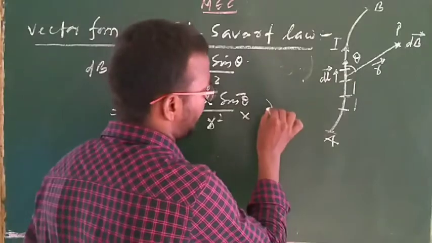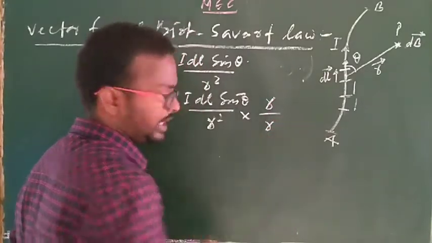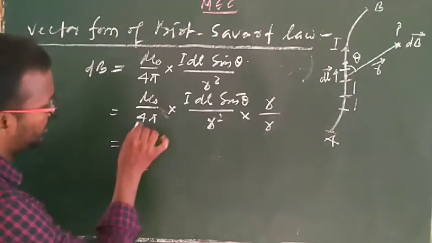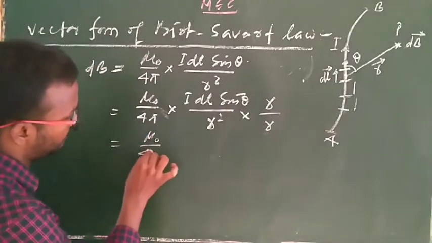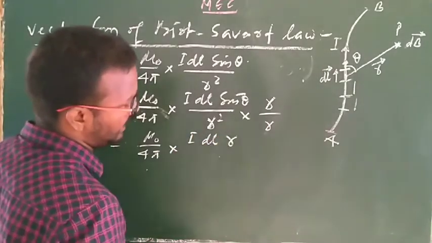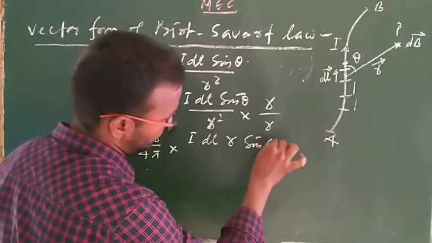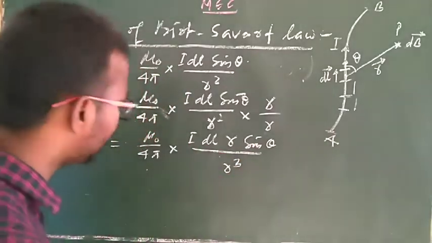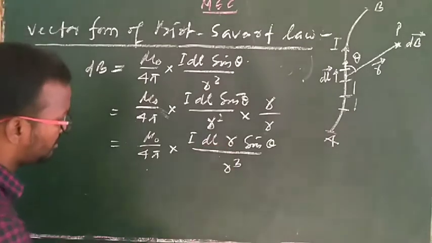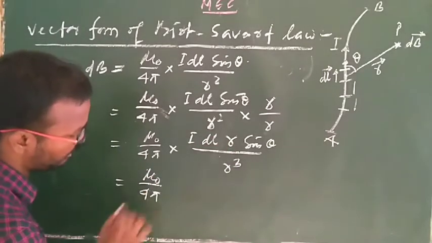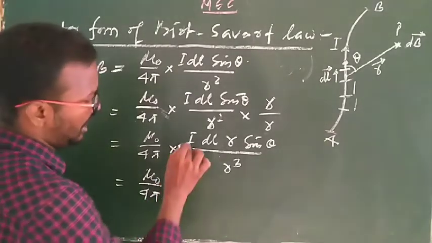Now multiply by r and divide by r. If we multiply this, then the above equation turns out to be mu naught by 4 pi into I dl r sin theta divided by r cube. Clear?